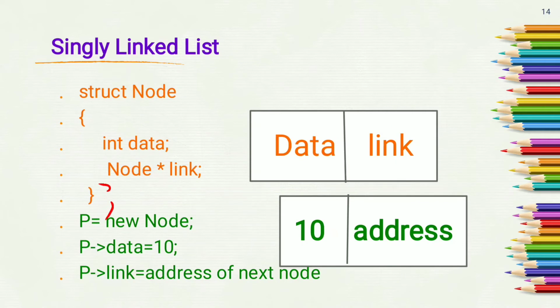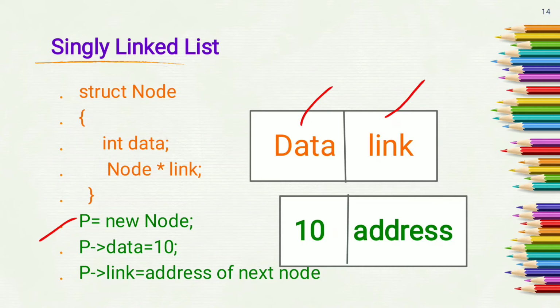When we want to create node in singly linked list, we have to first create a node using struct, then we have to write p = new node. By writing this, a dynamic memory will be allocated to this node, which contains two fields. First is data field and second is link field.